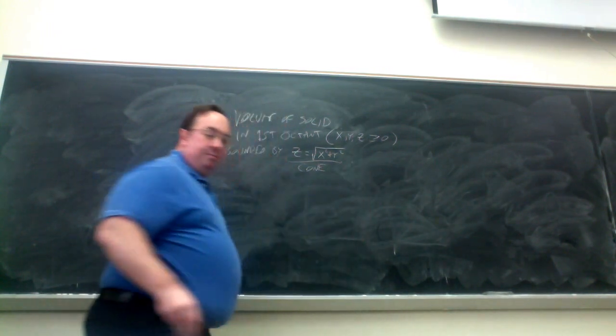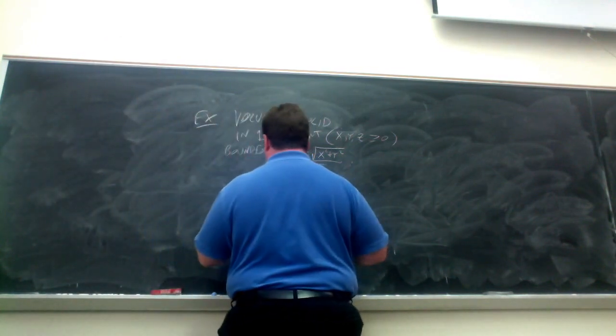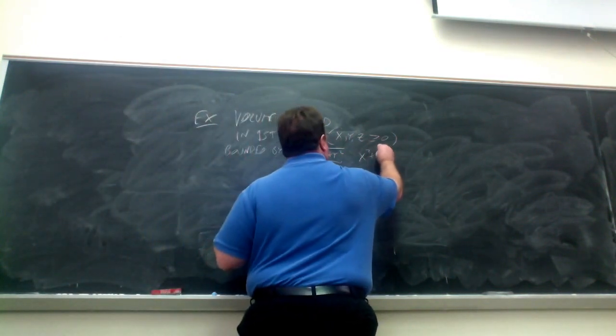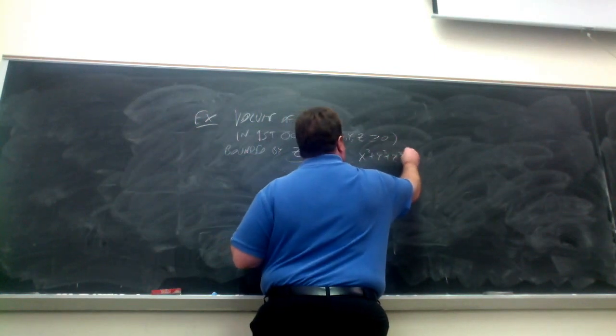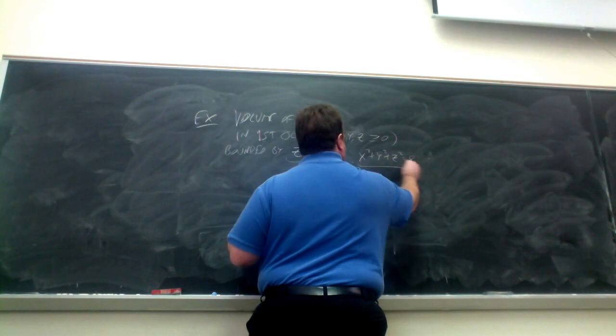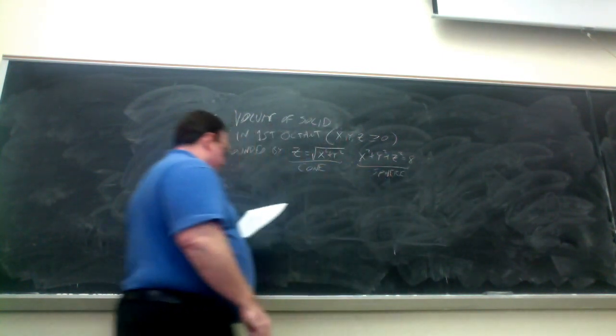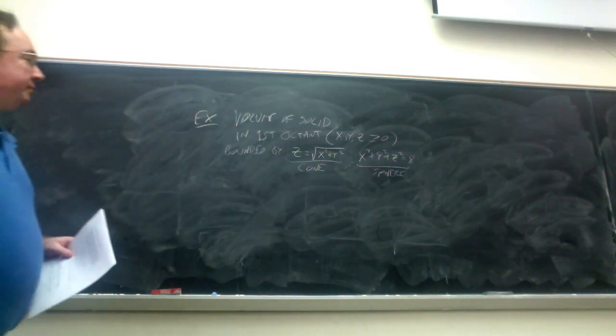It's bounded below by the cone, and it's bounded above by x squared plus y squared plus z squared equals 8. Of course, that is a sphere of radius square root of 8.